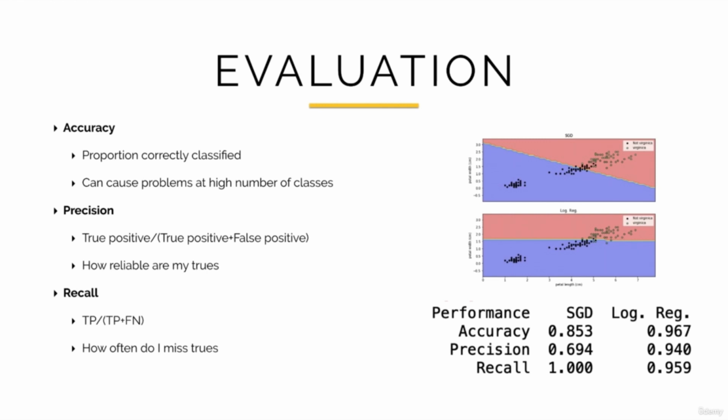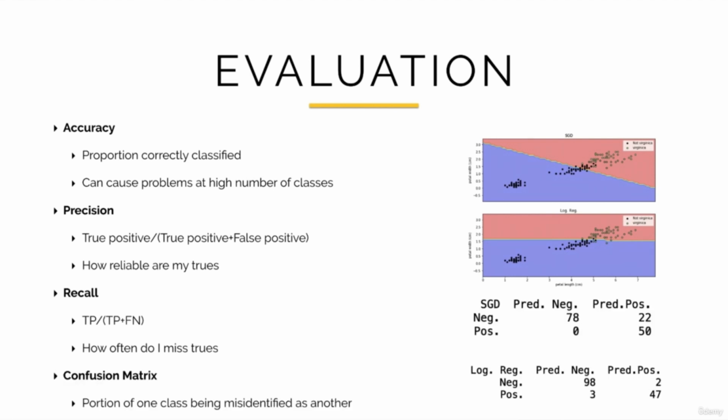So the false negative is when you're saying this is not that class, whereas in actuality it is that class. So you're saying this is not this type of flower, but in actuality it is that type of flower. Now recall is good to use when you want to evaluate how often do I miss my true values.